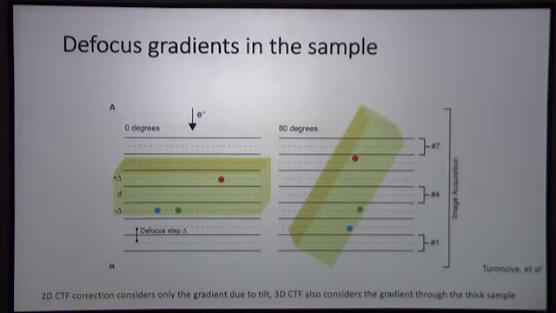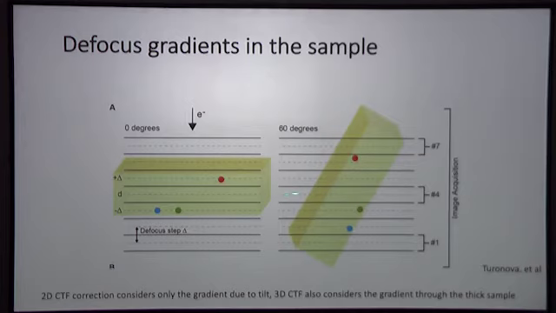So if we simply correct all of our images using the average defocus, we'll be using just this defocus, and we'll be underestimating it for one and overestimating it for the other. And those of you that do single particle will know that the effects of messing up your CTF measurements are very severe in terms of the quality of your structure.